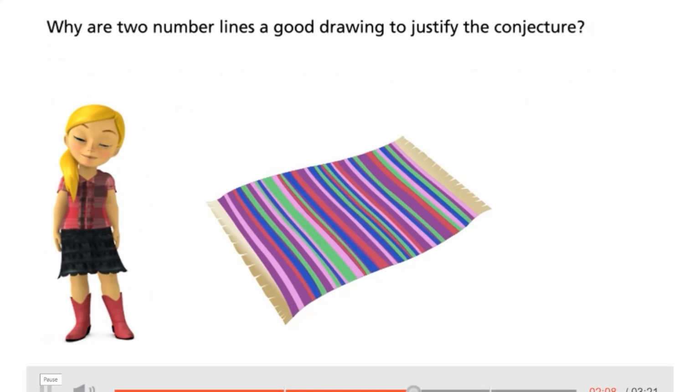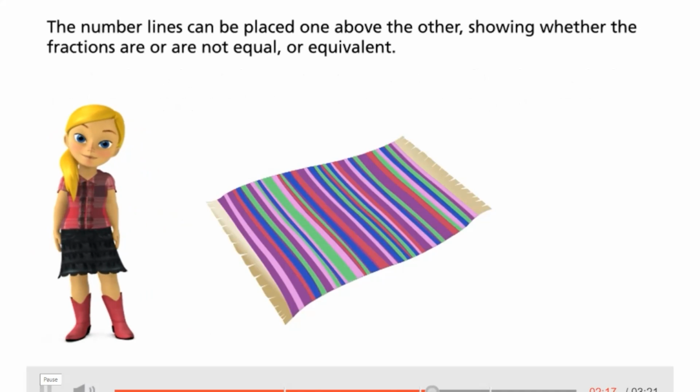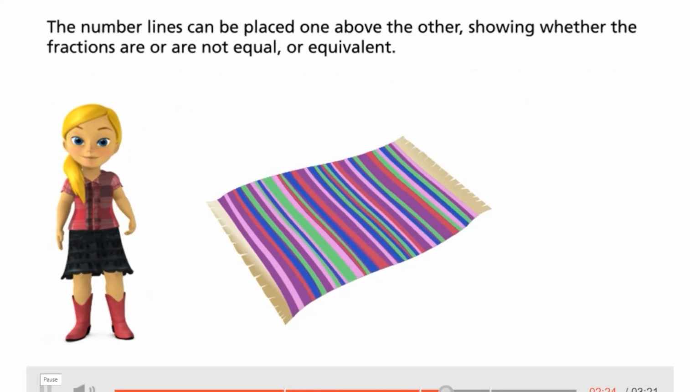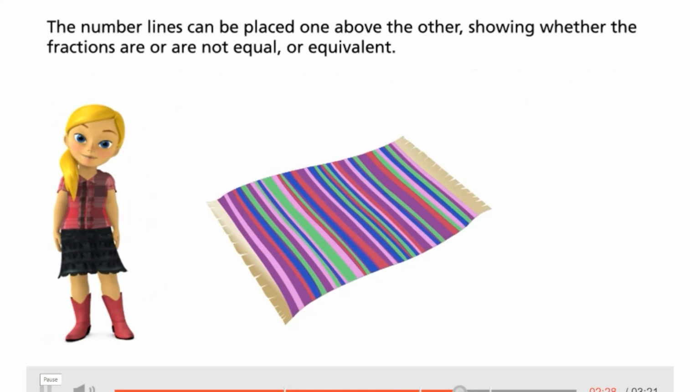Why are 2 number lines a good drawing to justify the conjecture? The number lines can be placed one above the other, showing whether the fractions are or are not equal or equivalent. The number lines can also show if one fraction is greater than the other.